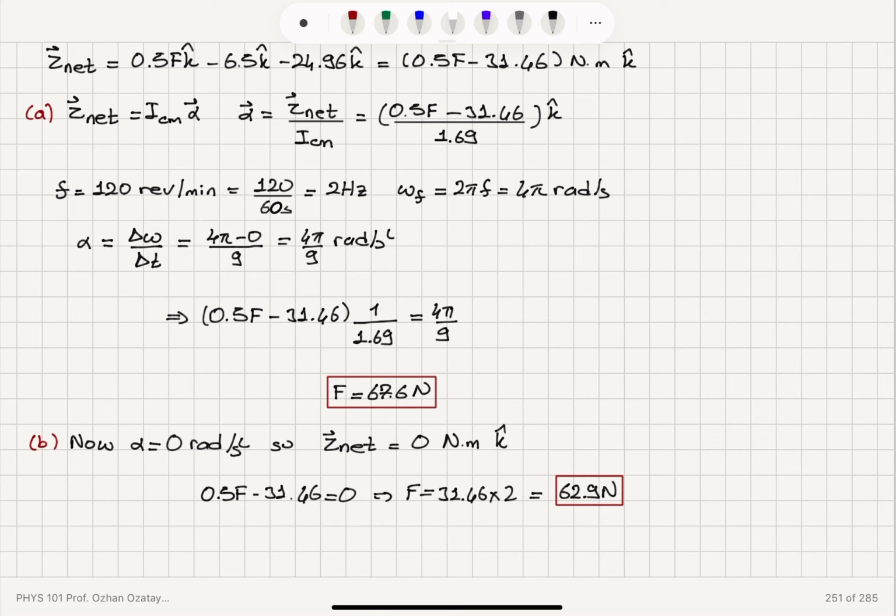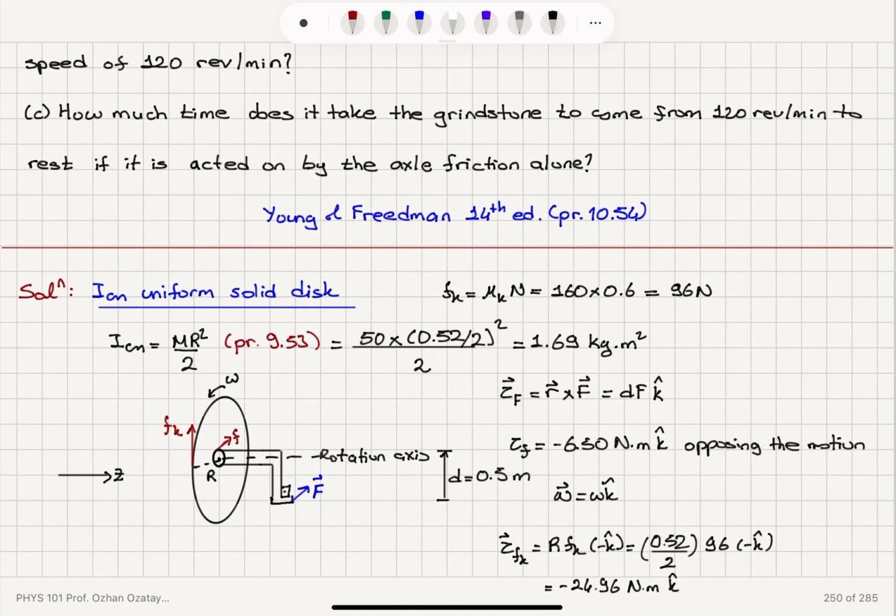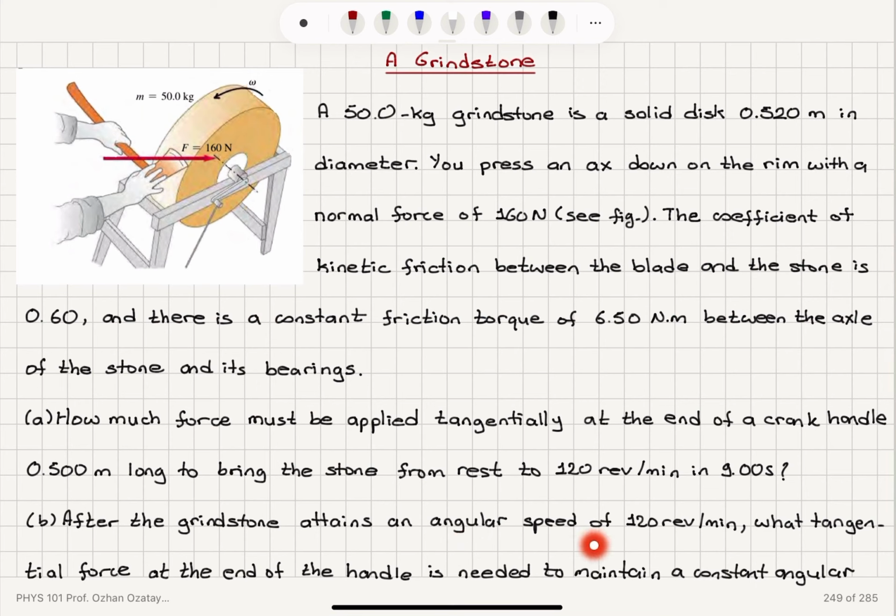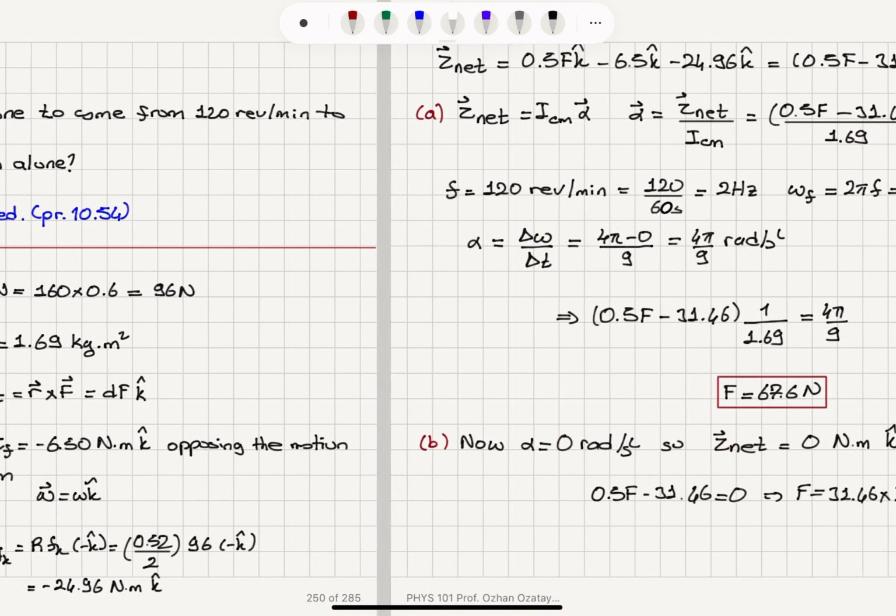And with a constant angular acceleration, because all forces are constant here, we have alpha equal to 4 pi over 9 radians per second squared, and this gives us a force F that is being applied tangentially on the crank handle, 67.6 newtons.